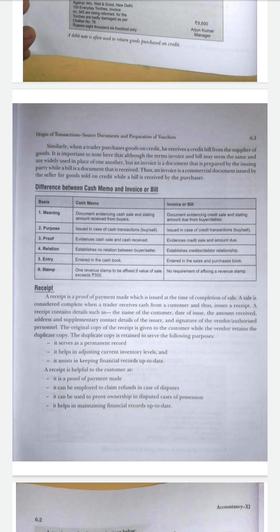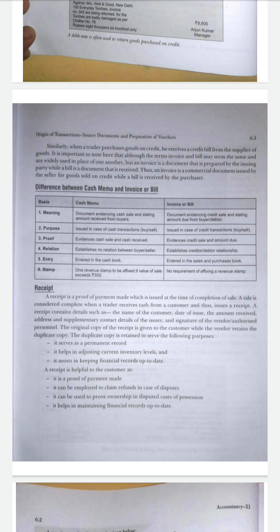The original copy of the receipt is given to the customer and the duplicate copy is retained by the vendor, that is the person who is issuing the receipt. For the vendor, the duplicate serves as a permanent record, which helps in adjusting the current inventory levels and in recording the financial transactions up to date.